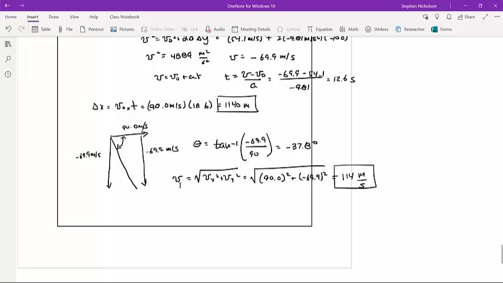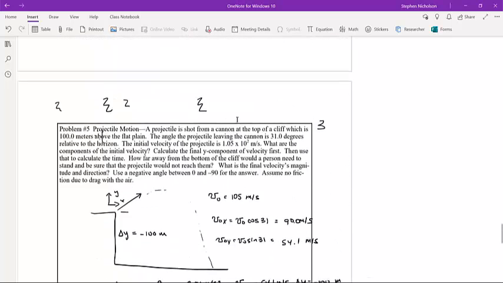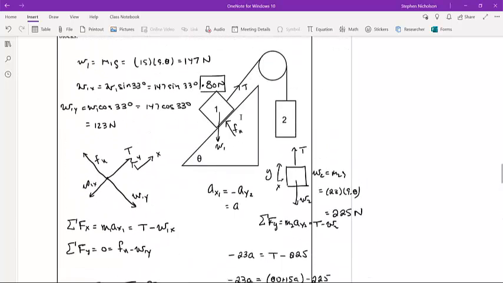The hypotenuse is this side squared plus this side squared, then take the square root. So you get 114 meters per second for the magnitude of the final velocity. And then opposite over adjacent is tangent, so you use the tangent to find the angle. You take the inverse tangent of negative 69.9 over 90. You get negative 37.8 degrees. And that is the solution to the problem.